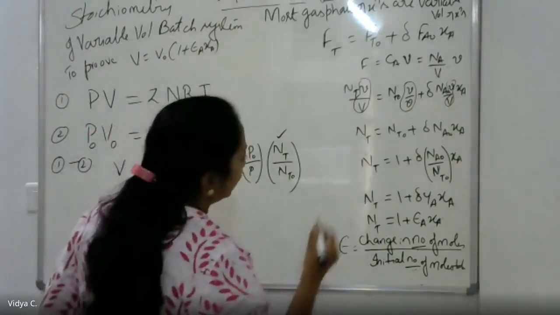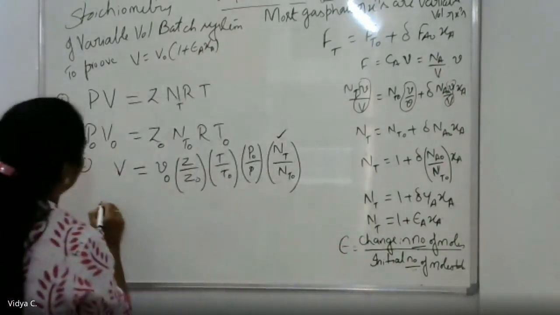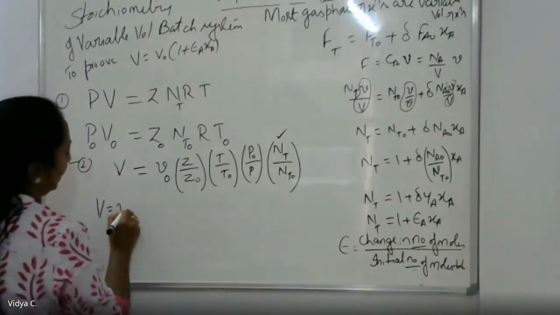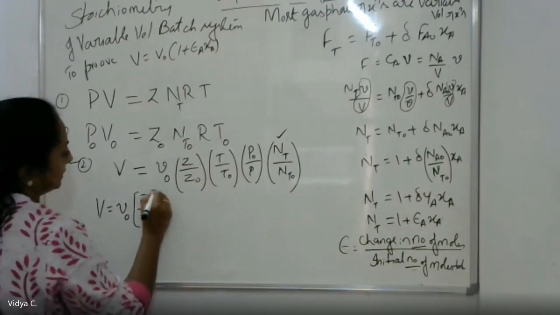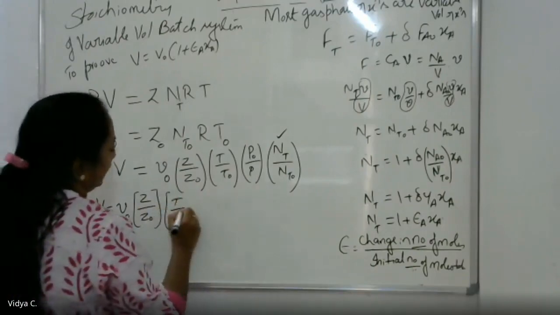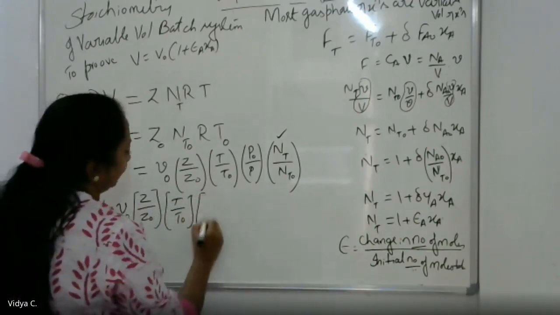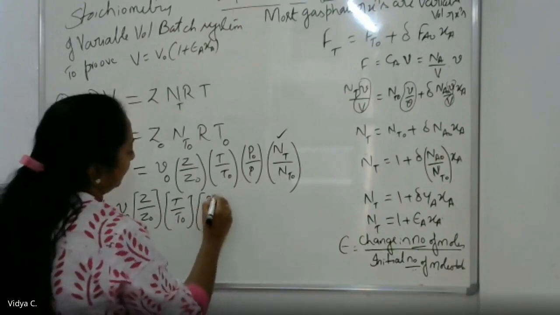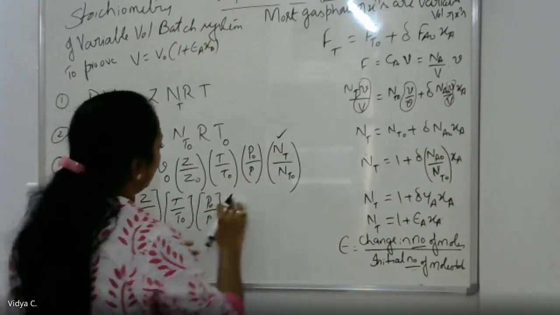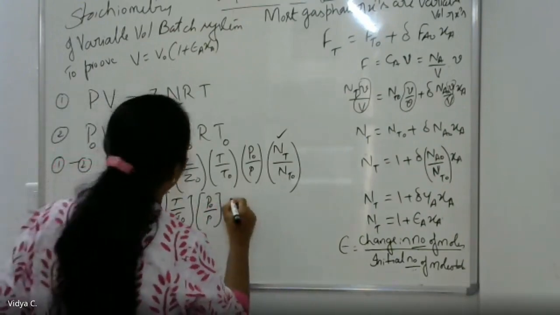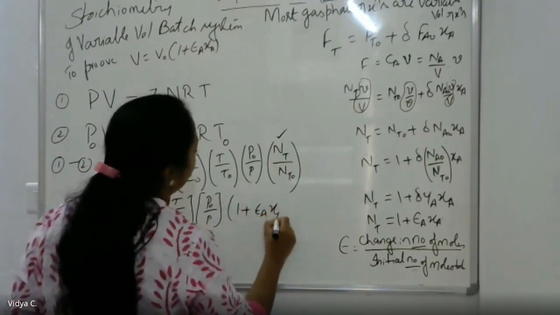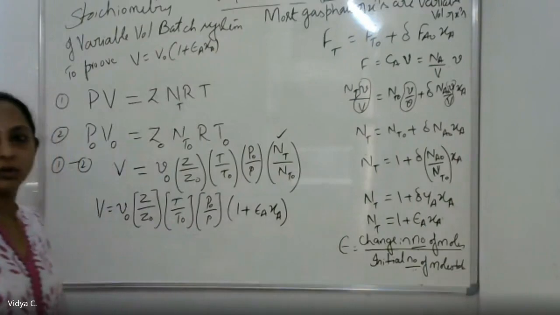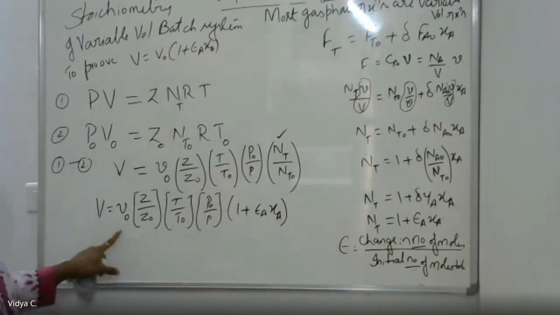Now this V, I'll write as V naught into Z by Z naught into T by T naught into P naught by P into 1 plus epsilon A XA. So what happens here now?